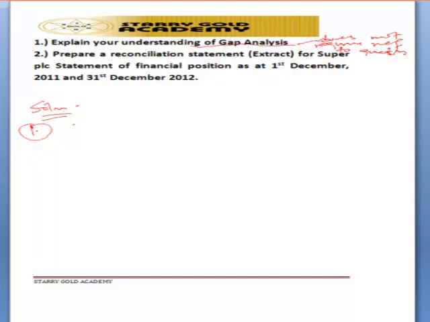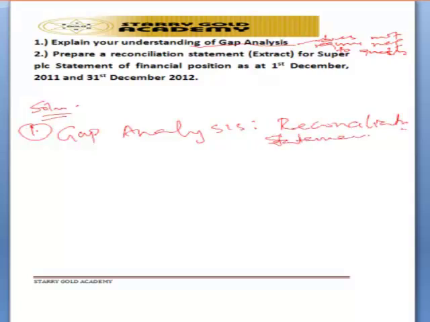Now, what do you mean by gap analysis? Gap analysis is just a way of remodifying a requirement of IFRS, what we call the reconciliation statement. So it's a way of giving it a name.